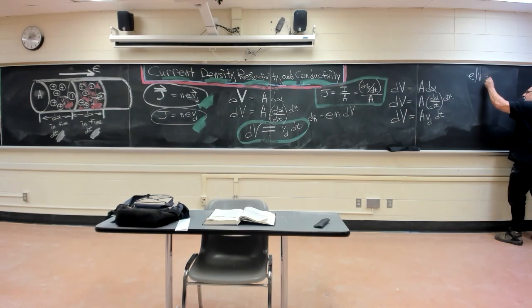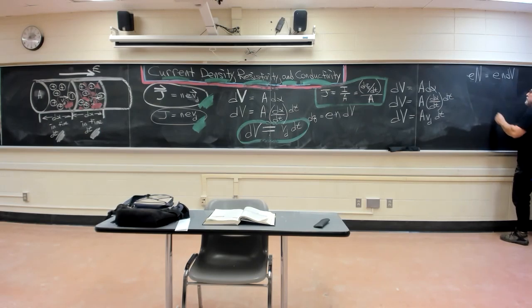Big N is small n delta V, times E. E is the charge per carrier, and there's capital N number of carriers in a particular volume delta V. Small n times delta V is capital N, the total number of charges. So dq is E n delta V.